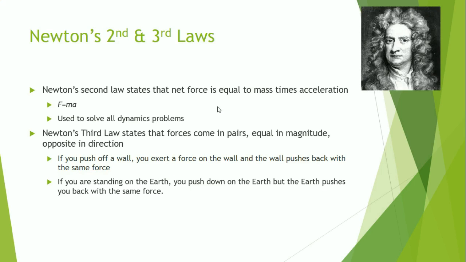So basically, forces always come in pairs, and they're always on the two objects touching or interacting, and each one has the same amount of force but opposite direction. This one's very important when you're solving free body diagrams. You have to think about the two pairs of forces.